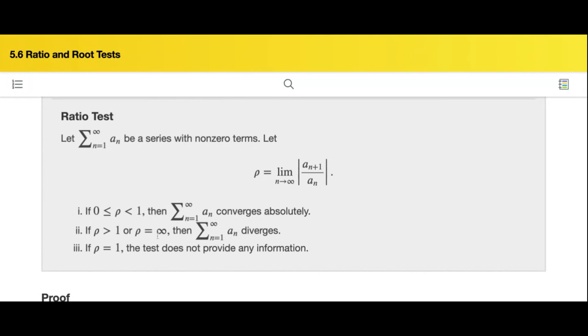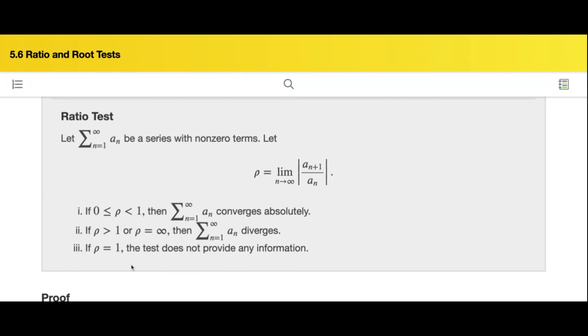Or rho goes to infinity, so there's no limit of this ratio, which means the numerator grows far faster than the denominator. Then this series diverges. This is kind of intuitive, right? Diverges.